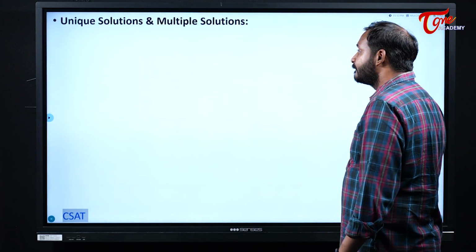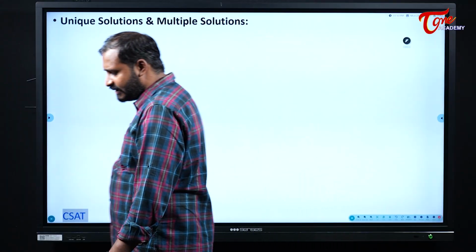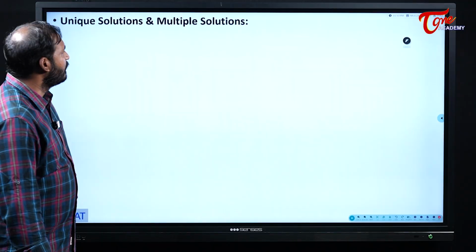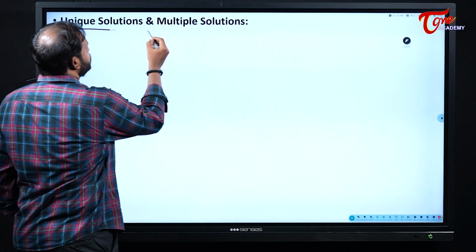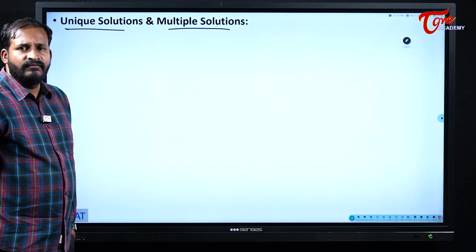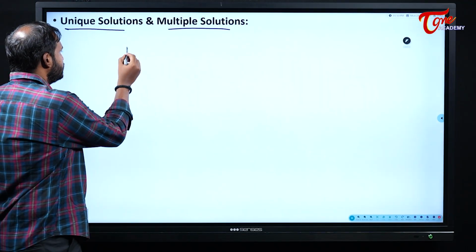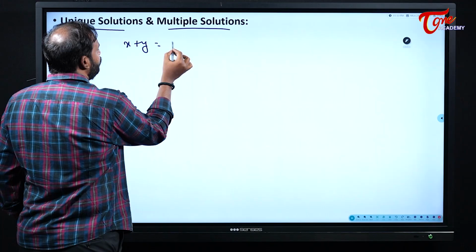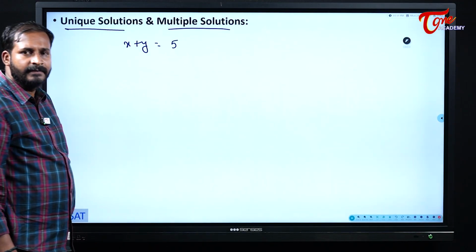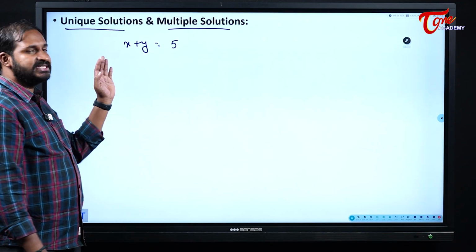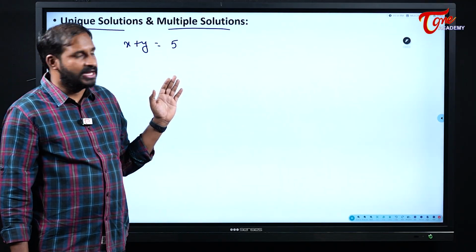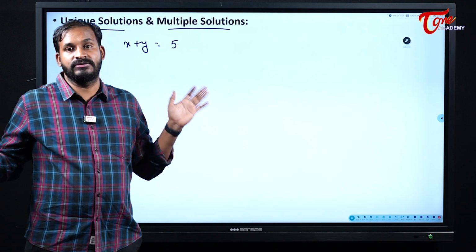Next one, unique solutions and multiple solutions. What is meant by unique solutions and multiple solutions? See here, students, for a line equation, something like x plus y is equal to 5, usually we call this a line equation, and we will have multiple solutions for this.